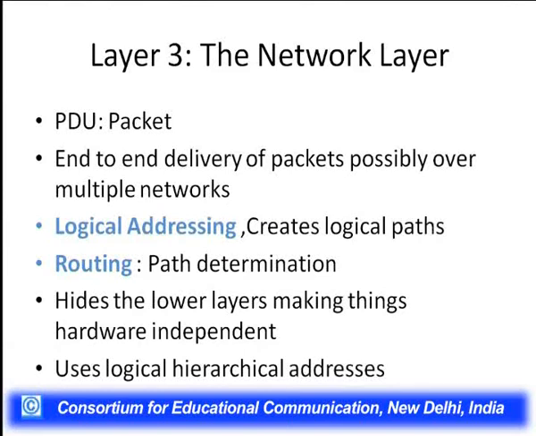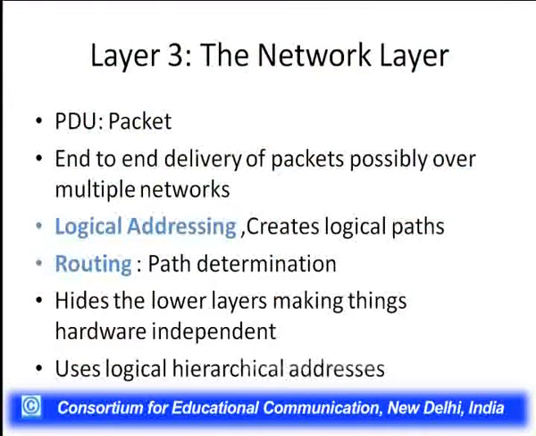A router stores a table called the routing table, which stores the path of every host to every other host on the network. So, it will ensure that the packet is delivered to the correct host computer through the shortest possible path on the network. It hides the lower layers' physical components, making things hardware independent.